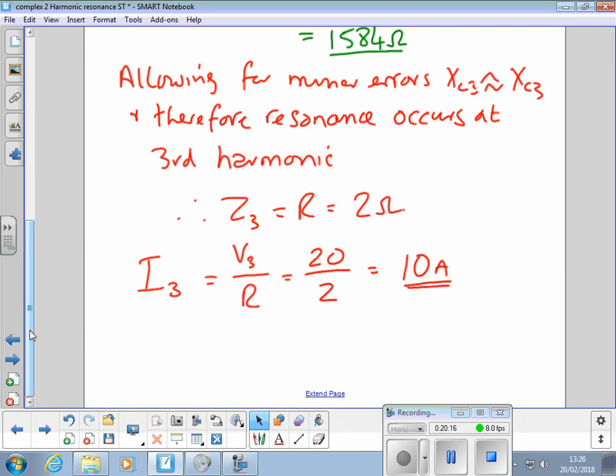So 600 volts of fundamental gave us 142 milliamps, but 20 volts of harmonic distortion gives us 10 amps. We'll talk about the implications of that in a minute.